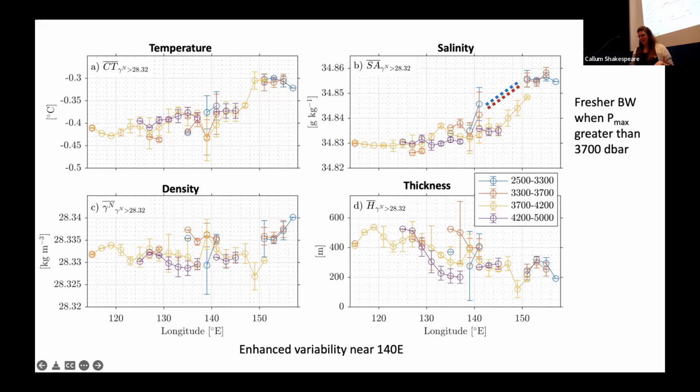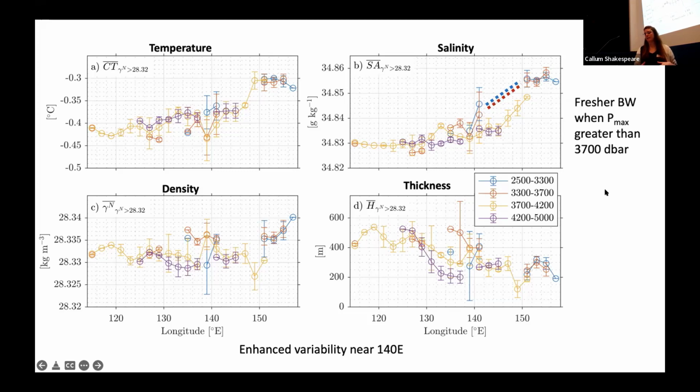So these red and blue circles here near 150 are in waters above isobaths shallower than 3,700. So on the kind of mid slope range of depths. And then even as far as 140, even though there's more variability, those red and blue colors are actually saltier.